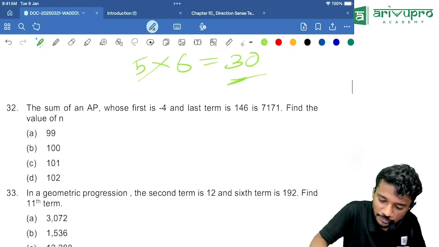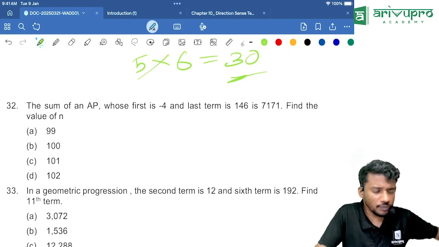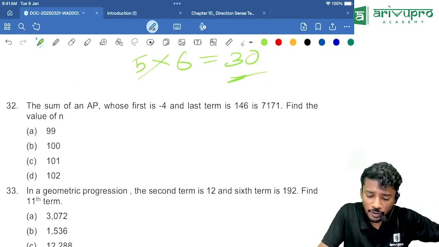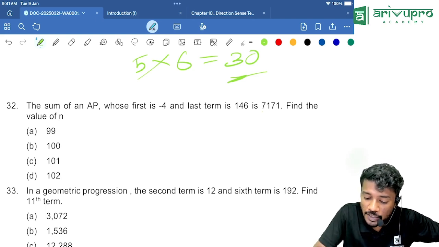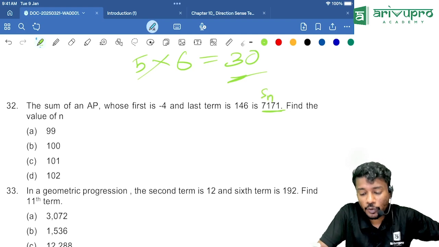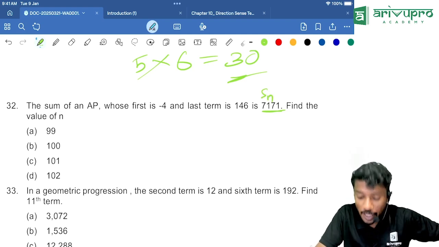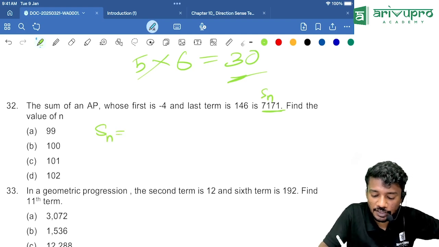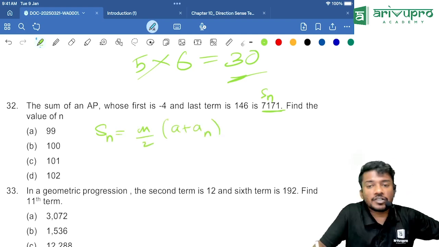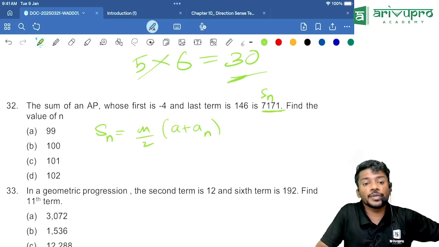Okay, next one. Can you solve it? Sum of an AP whose first term is -4, last term is 146 and sum is 7171. Find the value of n is the question. What is the formula for Sn? Sn is equal to n by 2 into a plus an. First term plus last term into n by 2.